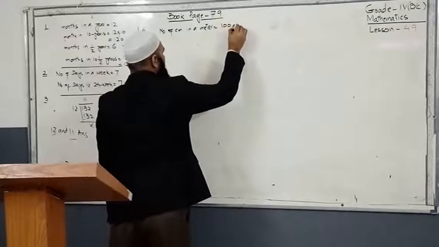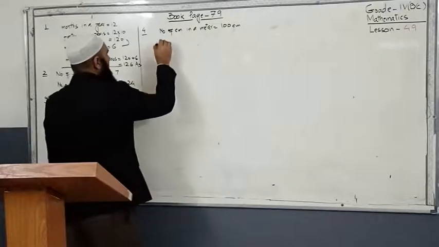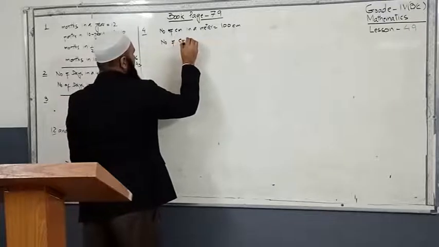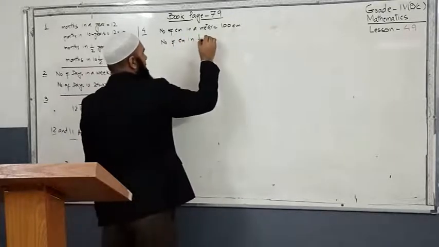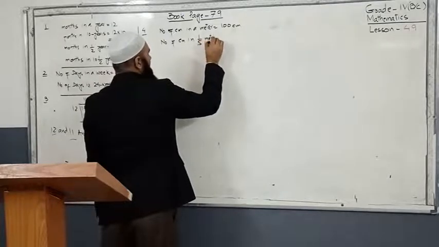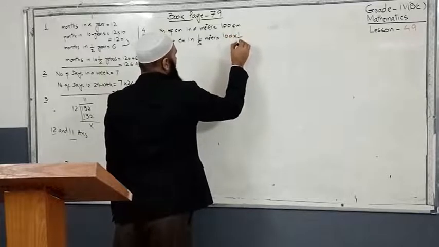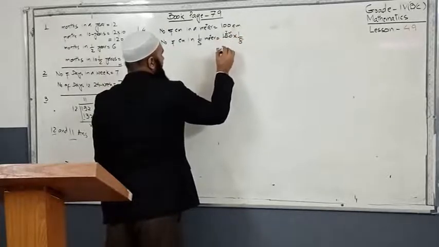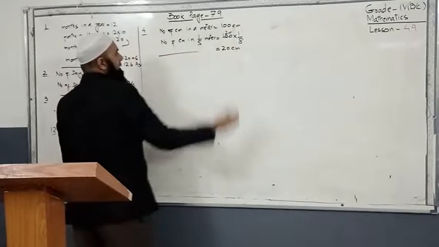There are 100 centimeters in a meter. Okay. Number of centimeters in 1/5 meter will be equal to 100 multiplied by 1/5. 5 will become 20. So there will be 20 centimeters. Divide 100 by 5.